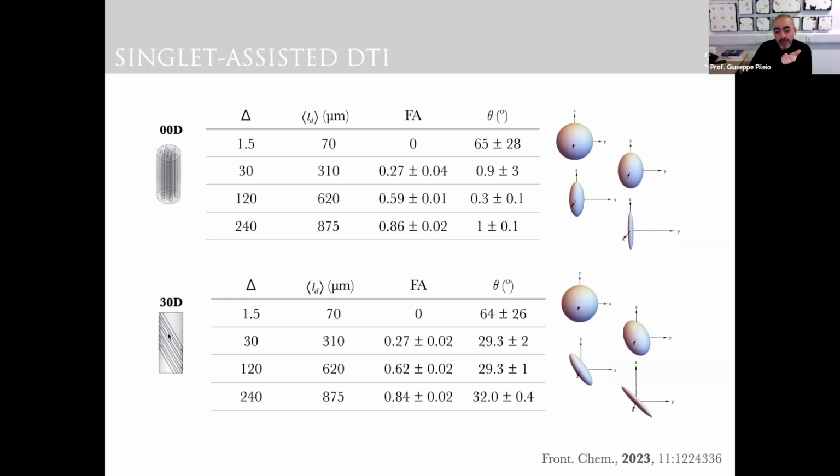And the effect is even more evident where we know that the channels are tilted by 30 degrees, and you don't get that angle until you reach very long diffusion times, as expected from what I was saying before. But here is a way to enhance DTI and look at the structure of this information, even if the containers are macroscopic.